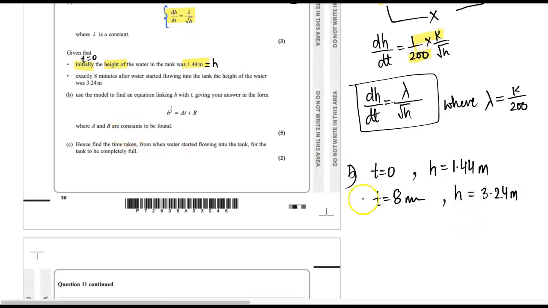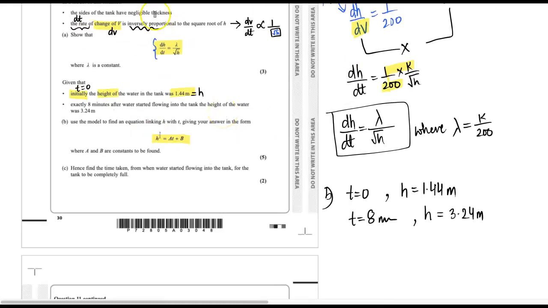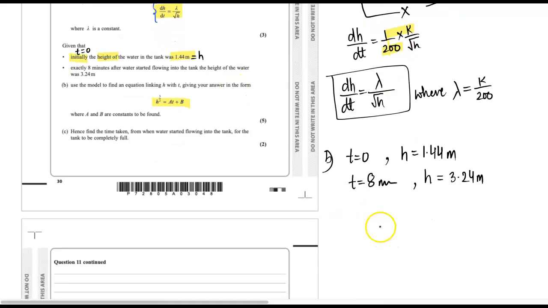We have to use the model to find the equation linking h and t. So we have to write our equation in a form like this. What we know, we actually have proved something. So the A part is going to be helping us to solve the B part. We have dH over dt equal to lambda over root h, correct?